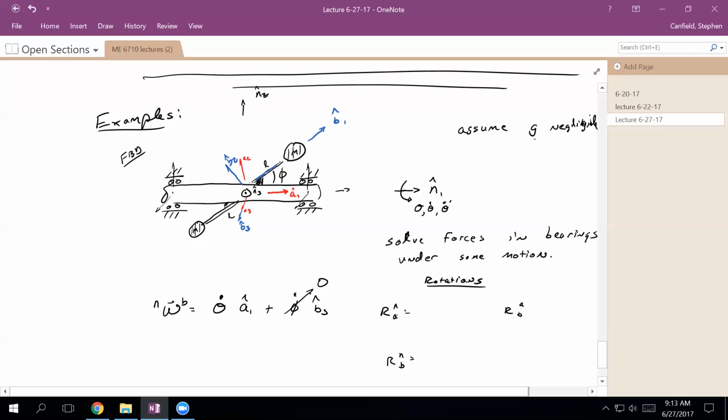The rotation from A back to N is a projection of frame A on N. It's a rotation around the one axis by theta. So that's 1, 0, 0 in the first row and column, then cos theta, minus sine theta, sine theta, cos theta. I'm writing kind of small there. Please let me know if that gets too small.